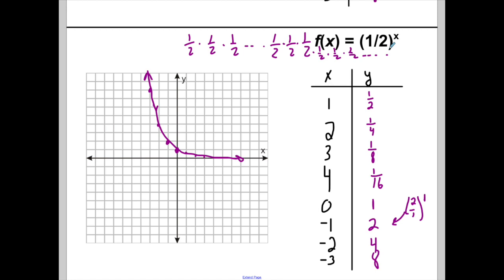Unless you multiply by 0 on the top, you're never going to get 0. You have to get 0 in the numerator to have a fraction equal to 0, right? So same domain, same range, except this one is always decreasing instead of always increasing.